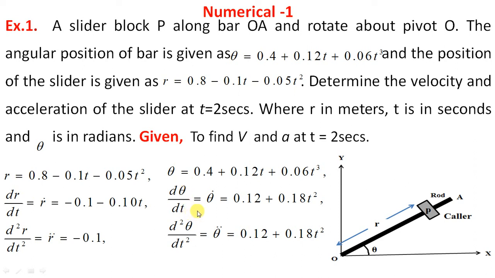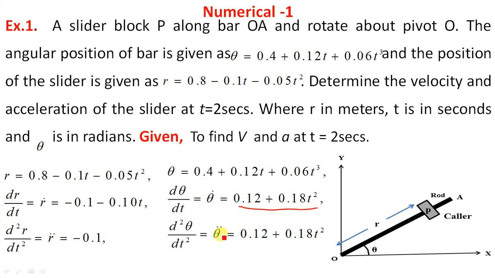Similarly, we have to find theta dot and theta double dot. Theta is given, so differentiate theta with respect to t, which gives theta dot. The derivative of the constant is 0, the derivative of 0.12 t is 0.12, plus 0.06 multiplied by 3 into t square, that is 0.18 t square. This is the value of theta dot.